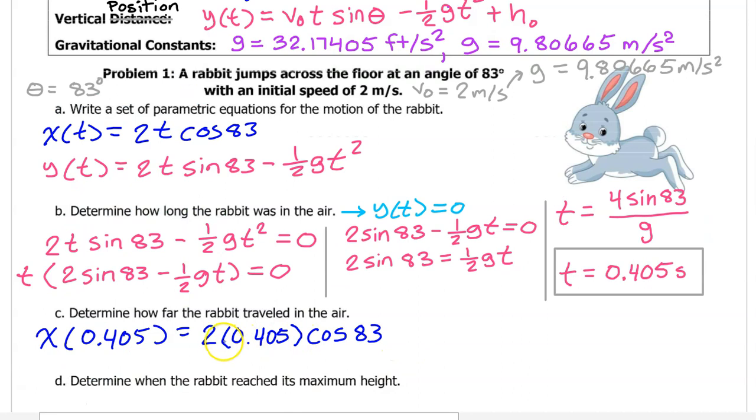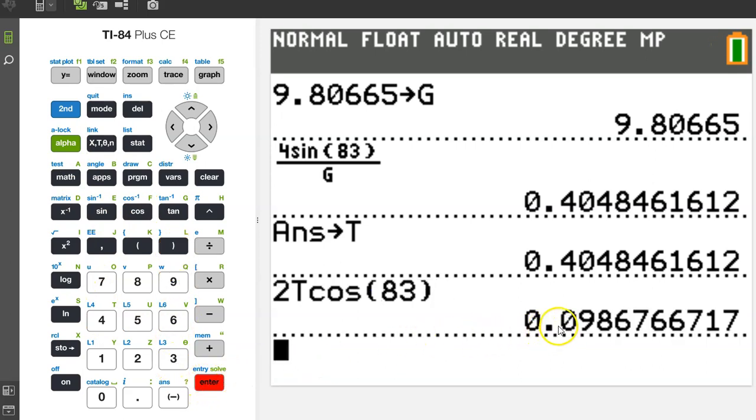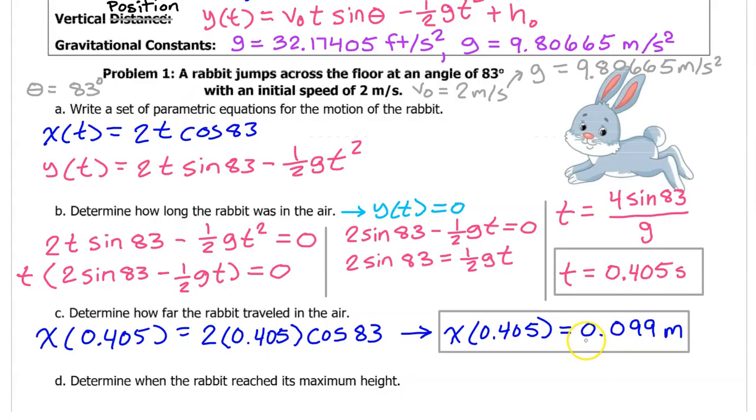So now we can type in 2t cosine 83. So 2 alpha t cosine 83. 0.098, let's call it 0.099. So the rabbit hopped 0.099 meters.